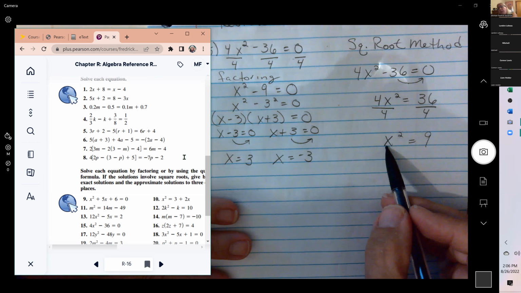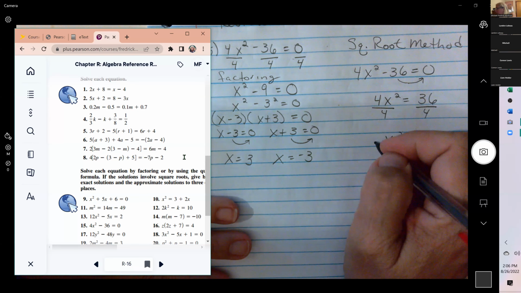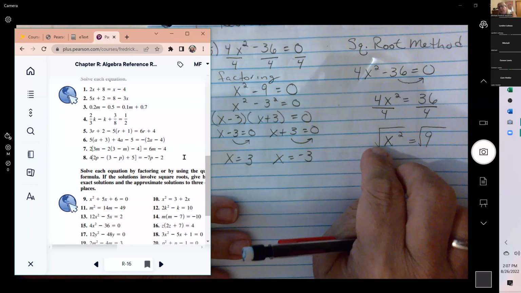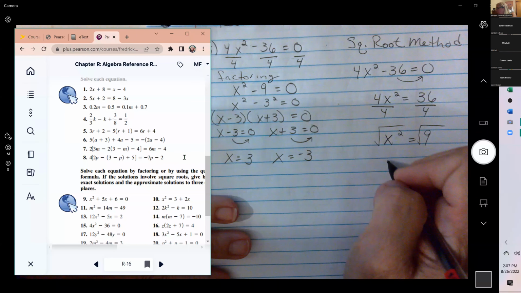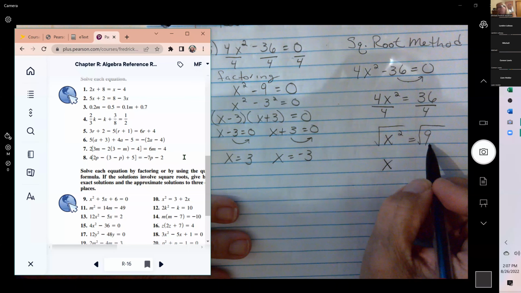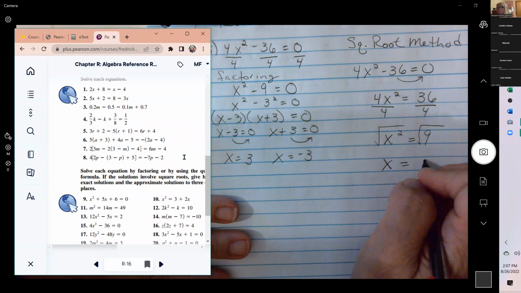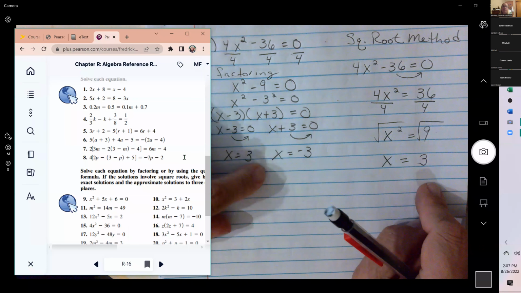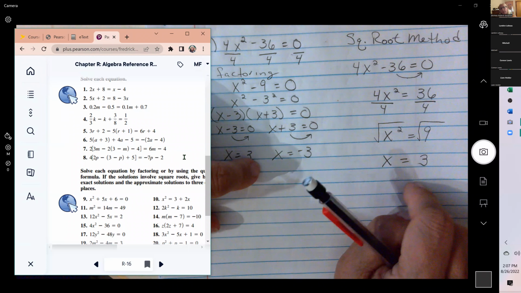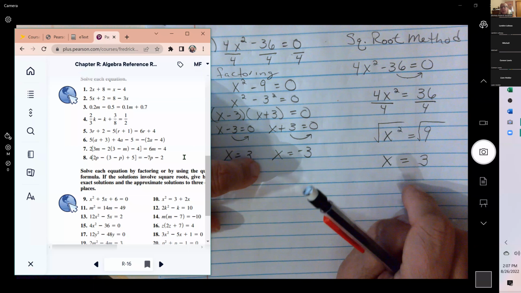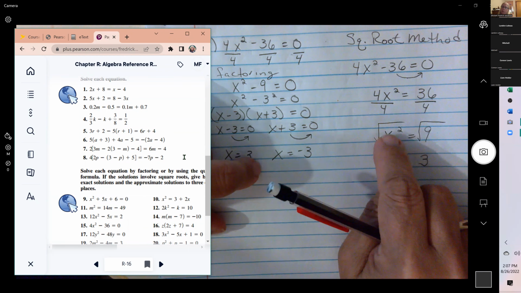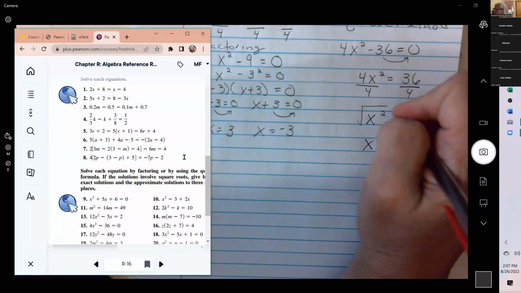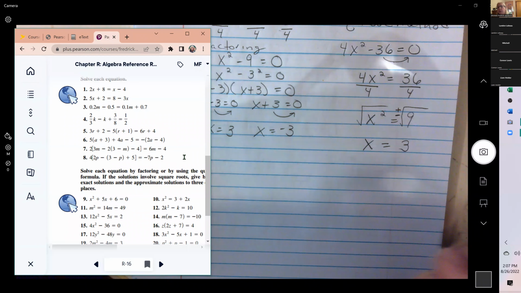Okay, so to get x by itself, you can take the square root of both sides. The square root of x squared is just x, and the square root of 9 is 3. Notice I don't have all my answers, and sometimes that's what happens when you use the square root method: you forget. If you take the square root of both sides, it can leave a positive or a negative answer.